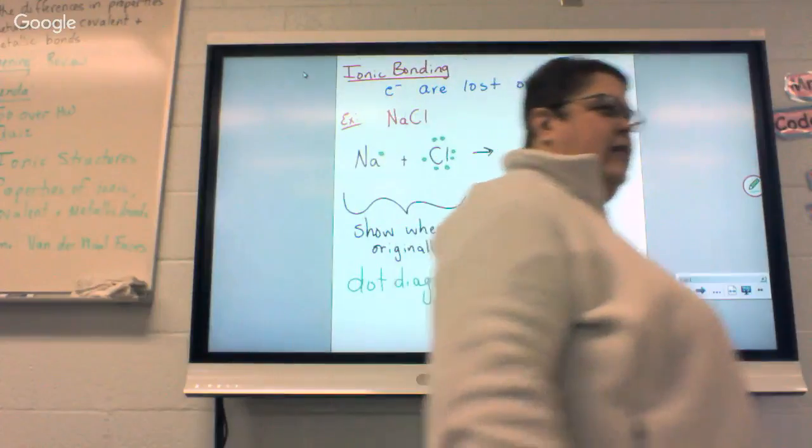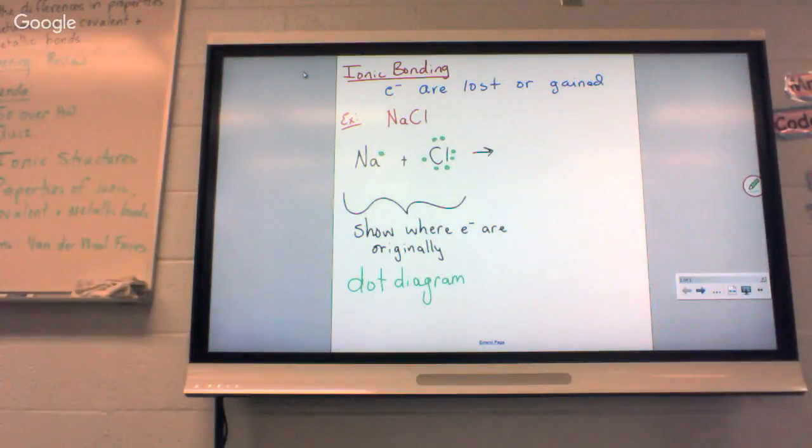Now, based on what we've learned this semester, we know that sodium is going to do what with those electrons? Okay, this is not lose or gain. What will sodium definitely do based on what it has up there? It will lose. What will chlorine definitely do? It will definitely gain.